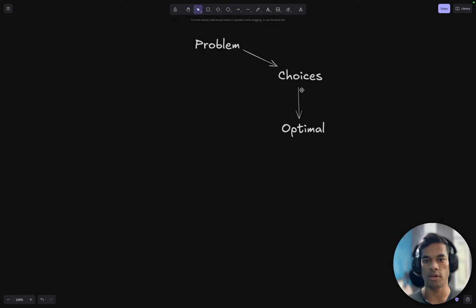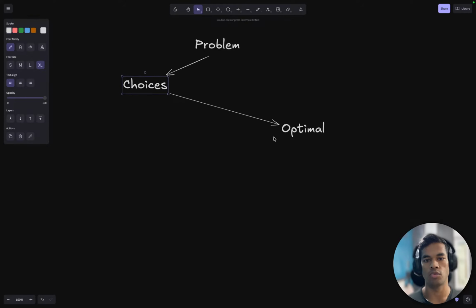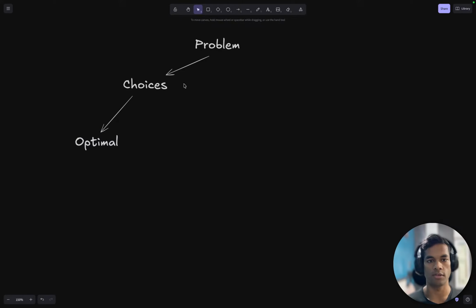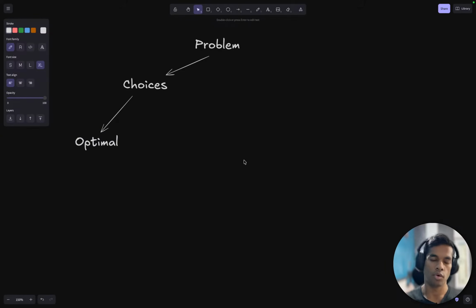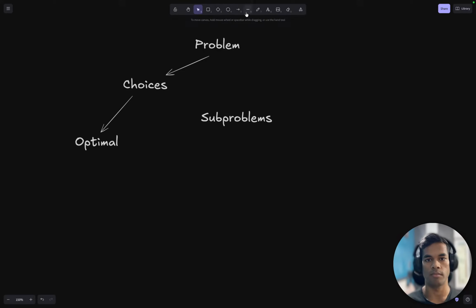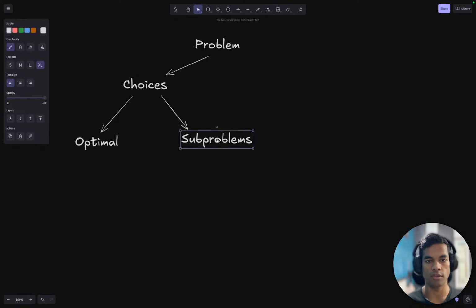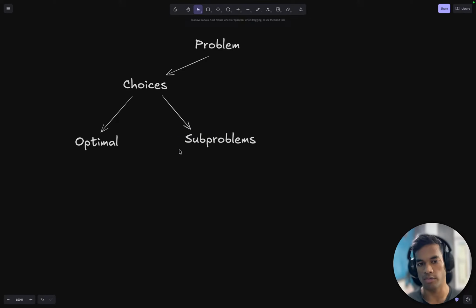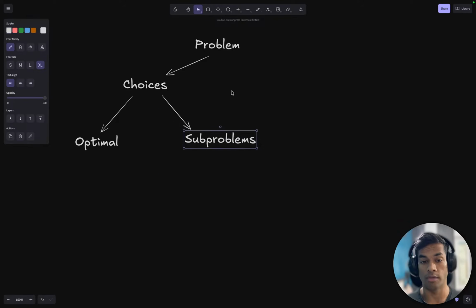To solve these choices, we will have subproblems. When we make a choice, our problem will be divided into subproblems.